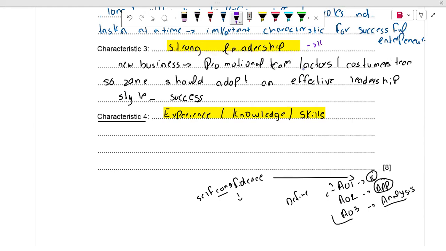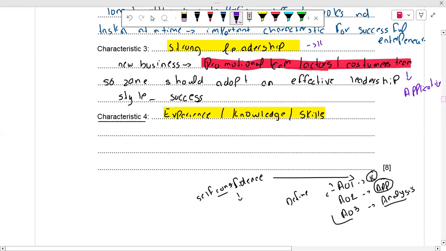And when you are extracting important examples from the business, that is your application. And when you are analyzing how leadership is important for the business, and why experience, knowledge and skills are important for the business, this is our analysis point.